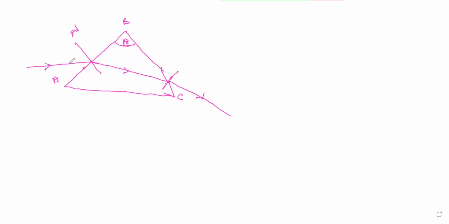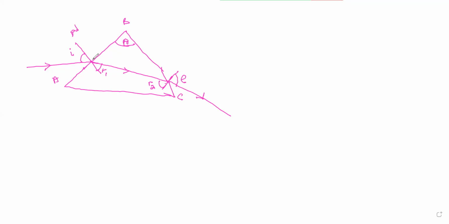This is the incident ray, angle of incidence, angle of refraction, and so this is the refracted ray. And this is the second angle of refraction with regards to the refracting plane BC. This angle here is the angle of emergence. Of course, this is the emergent ray.